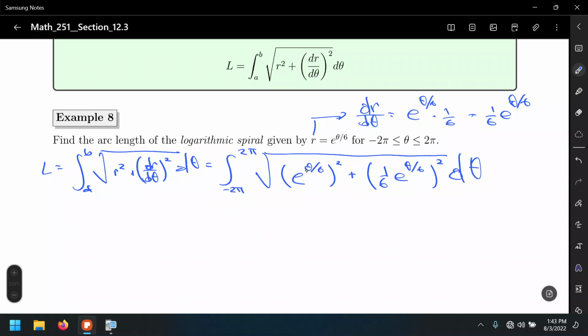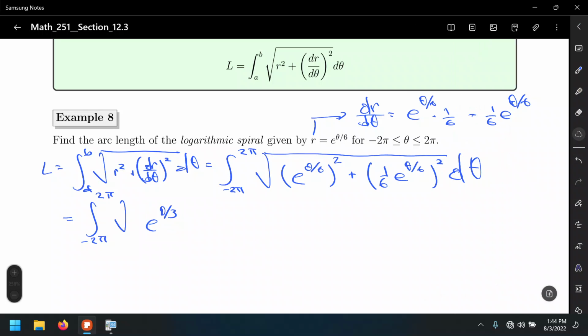Recall that power of another power, powers multiply, and we're going to multiply 2 times theta over 6, which reduces in this case to the square root of e to the theta over 3. And for the second term, be careful because we have a coefficient and an exponential function, so we need to raise both terms. Actually, let me leave some room here. You'll see why.